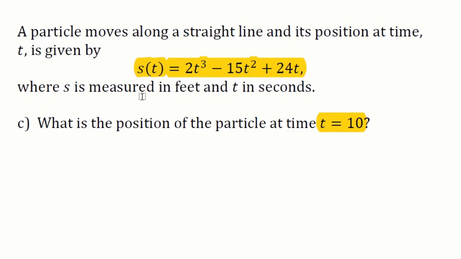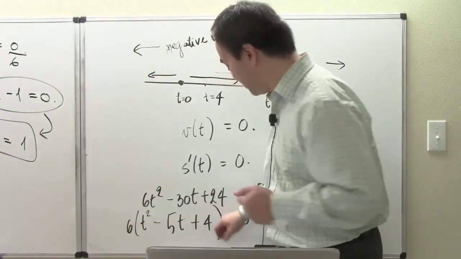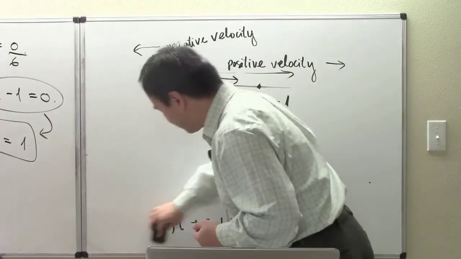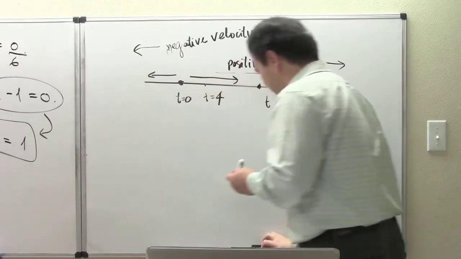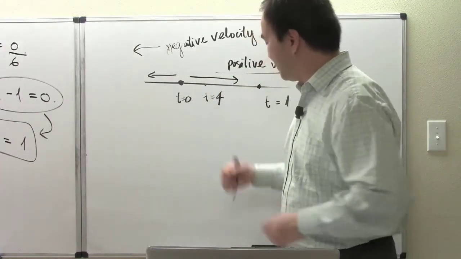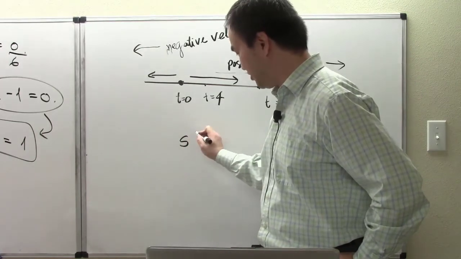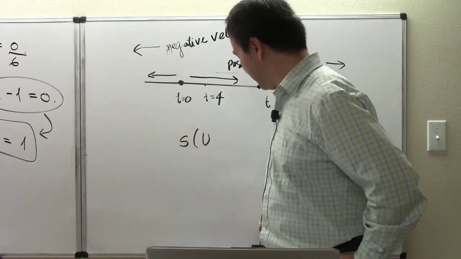S is measured in feet and t is in seconds, but S here is the position at time t. So this question in part C is truly only S, no prime. It's the position at 10 seconds.